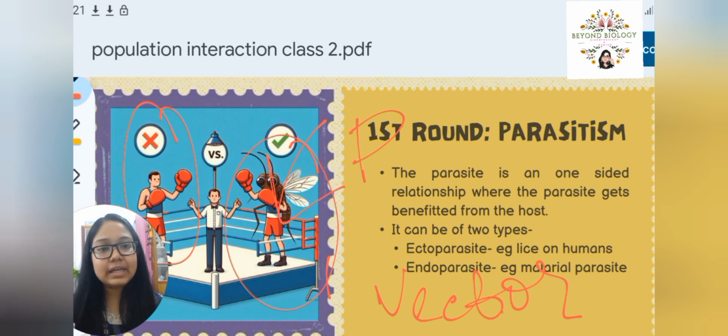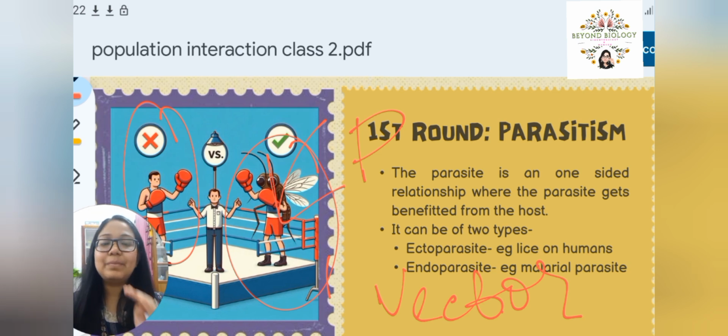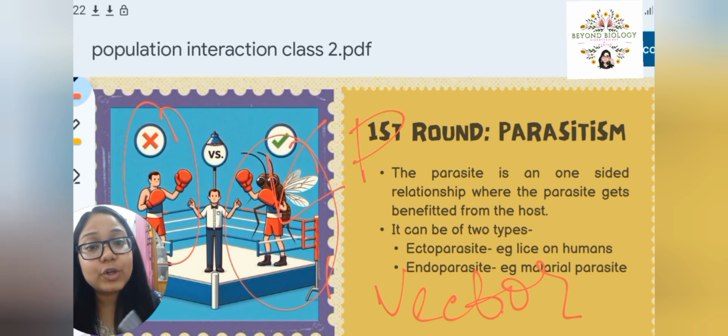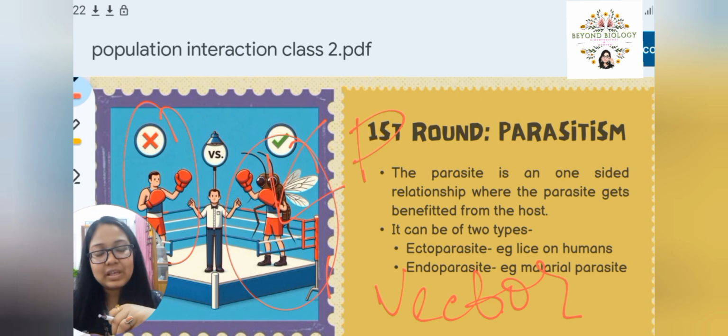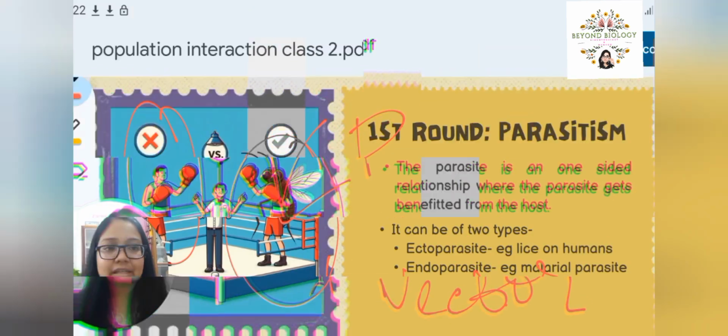Here the parasite is injected inside the body. A parasite which goes inside the body is an endoparasite, endo meaning inside, for example the malarial protozoa. The other type is the ectoparasite, which remains on the surface, for example ticks that we see in dogs, or lice that we see in humans. These two are examples of ecto and endoparasites.